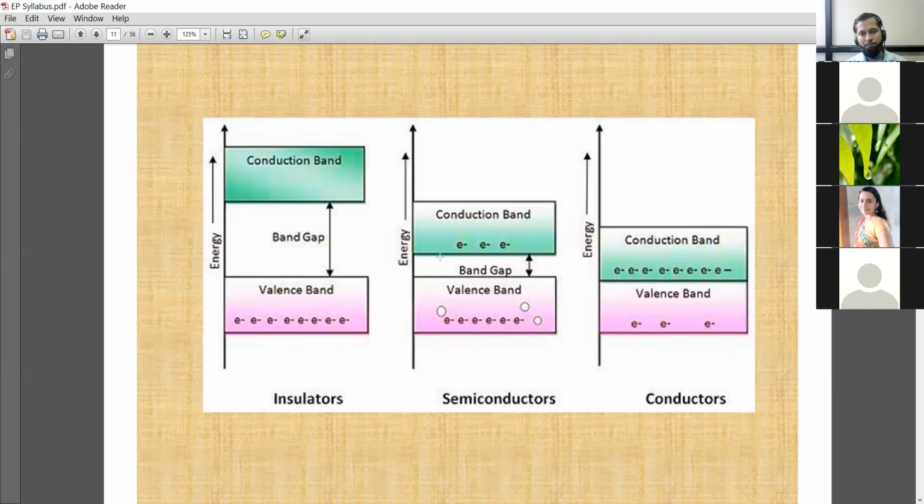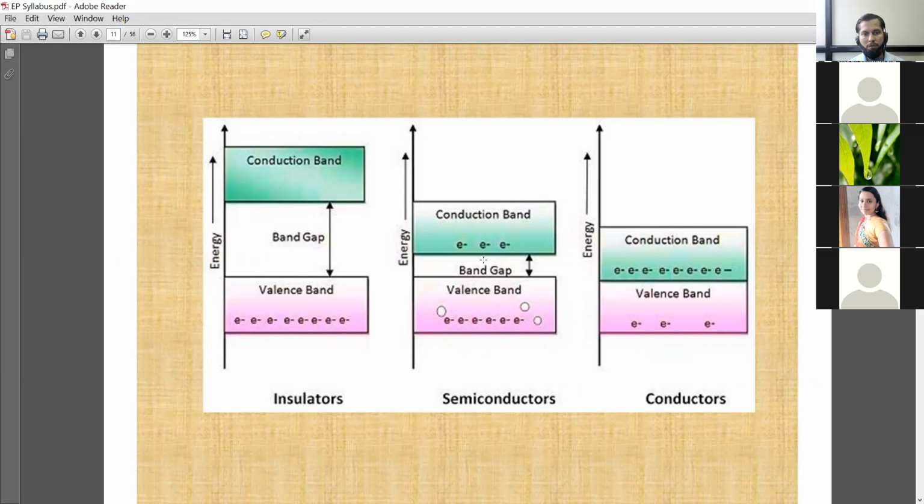You can easily guess how or why we are classifying solids into these three types. In insulators the energy band gap is more, that's why conductivity is not there. At certain extreme temperatures or conditions we get some conductivity, that's why insulators act as poor conductors in some extreme cases.